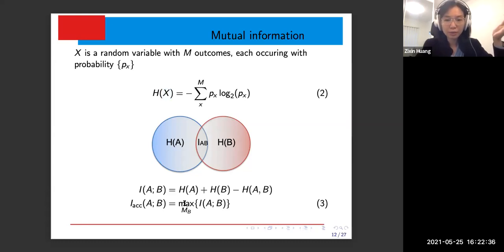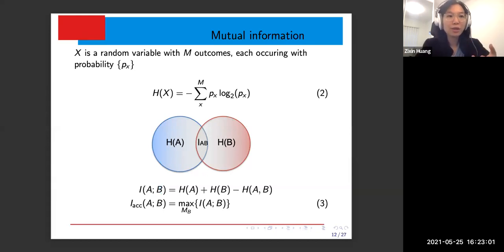Now if you have 2 variables which may be correlated, then we can define a mutual information quantity, given by H of A plus H of B subtracted by their joint entropy.